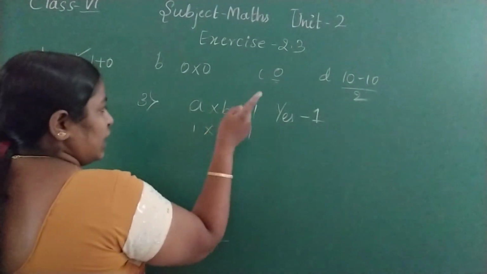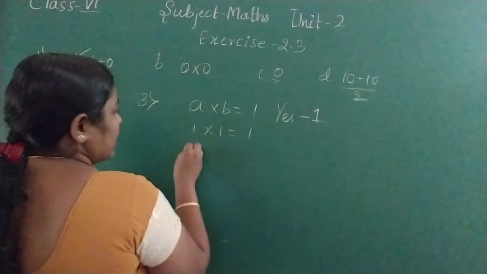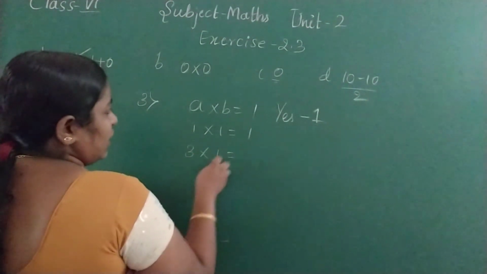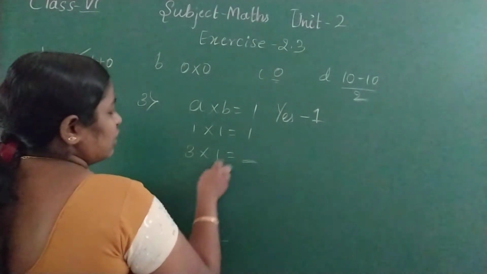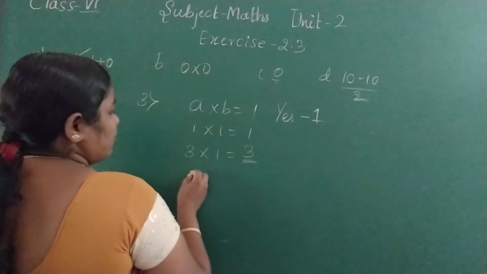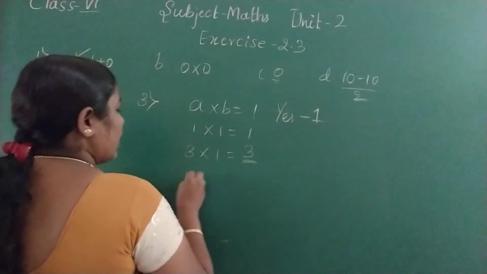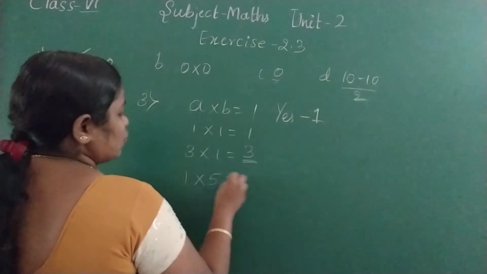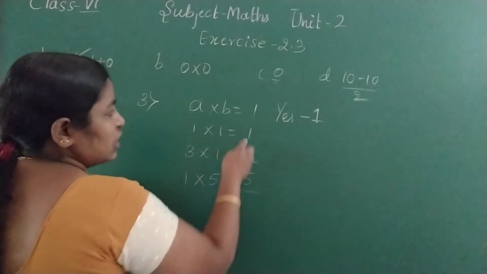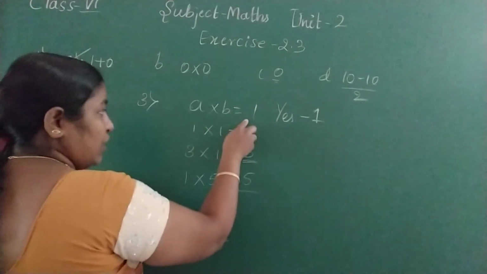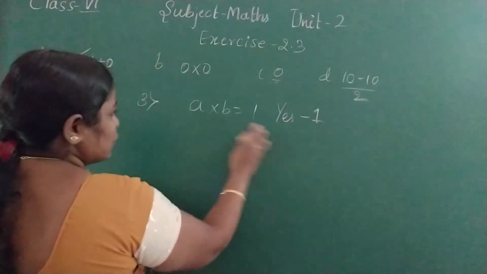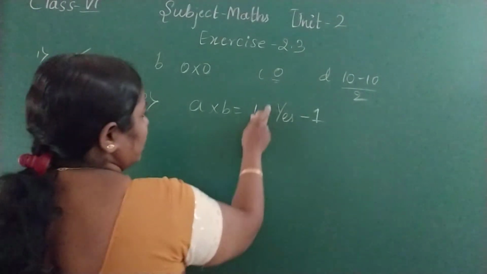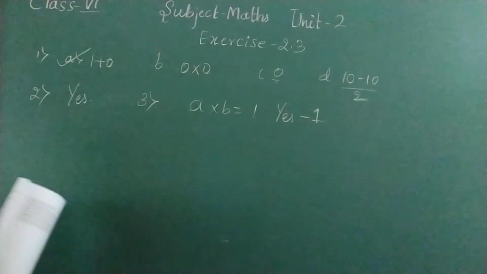Suppose we take A as 1 and B as 3, the product will change, 3 ones are 3. Suppose A is 1 and B is 5, the product will change. So the product is 1 only when both whole numbers A and B are 1. Then only we will get the product 1.